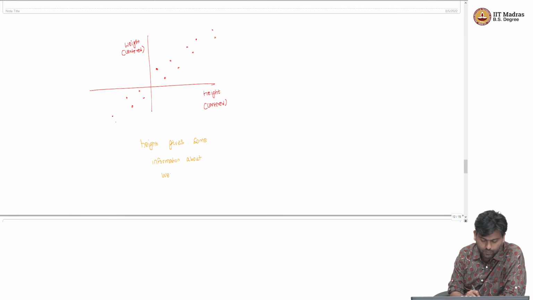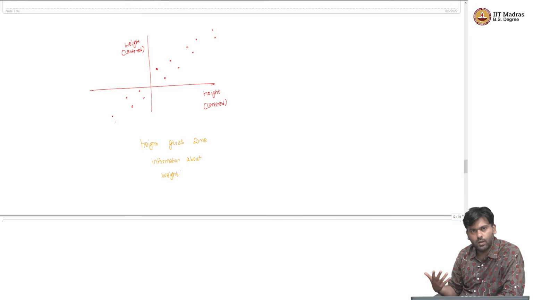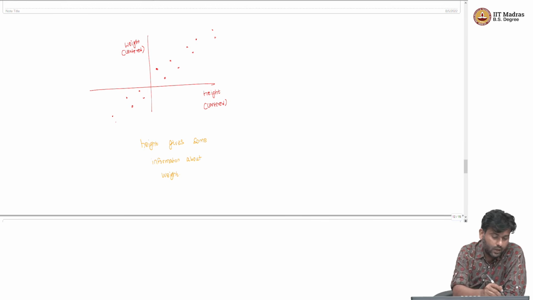So, if I choose to represent these data points as two numbers, height and weight, then one number gives me some information about the other number. Now, if I did this algorithm where we find these lines, let us say we found this line, which is the best line, and this line W is going to be 1 1. Well, of course, it can't be 1 1 because it has to be of length 1. Let us say I normalize it, and it becomes 1 by square root 2, 1 by square root 2.